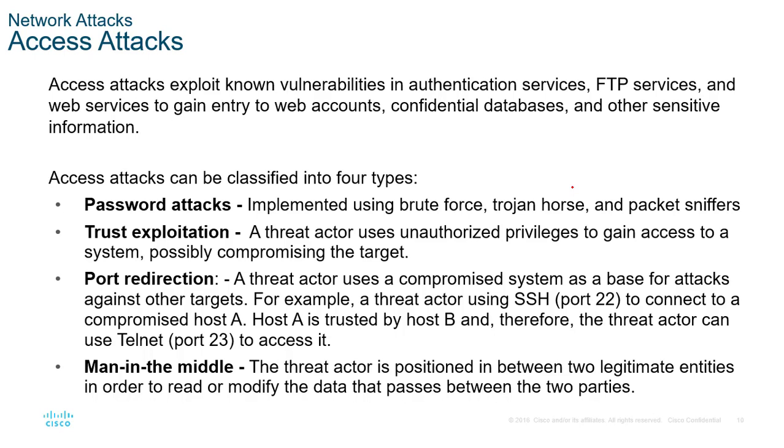For example, a threat actor using SSH port 22 to connect to a compromised host A. Host A is trusted by host B, and therefore the threat actor can use Telnet port 23 to access it. Man in the middle. The threat actor's position between two legitimate entities in order to read or modify the data that passes between the two parties.